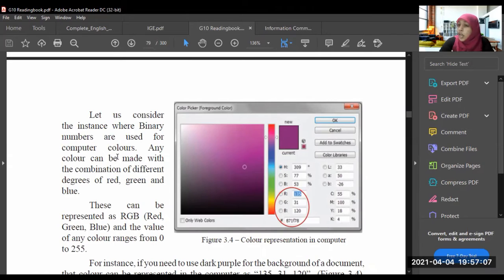Let us consider an instance where binary numbers are used for computer colors. There are a lot of colors. For example, if we take the purple color, there are many kinds of purple, right? We can't say that these are all the same purple. Each and every color has a unique name as well as a unique color combination, right?